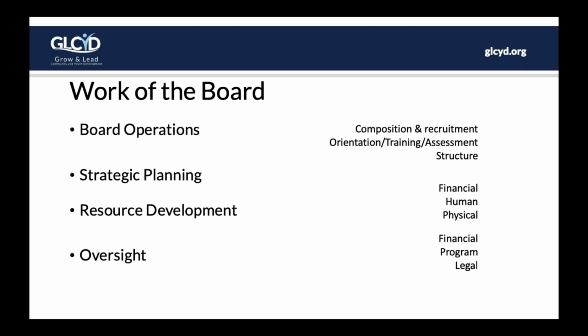So the other one is your programs. Remember, this is oversight. In other words, you're not micromanaging. Let the director, the executive director, CEO, whatever it is in your organization, let them actually fulfill and carry out the programming with their staff.